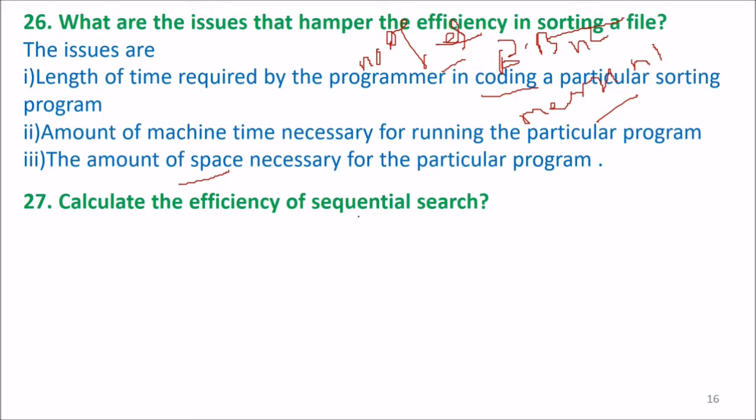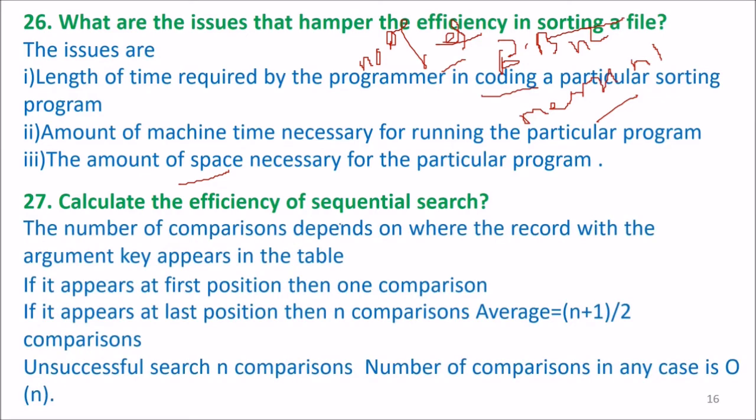Calculate the efficiency of sequential search. The number of comparisons depends on where the record with the argument key appears in the table. So efficiency of sequential search means, how efficient is your sequential, one by one, search algorithm. We take the first case: if it appears at the first position, if your element is here itself, then we would require only one comparison.